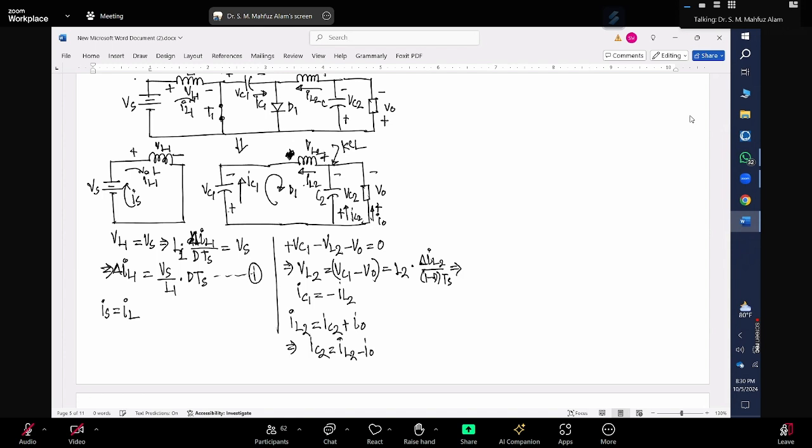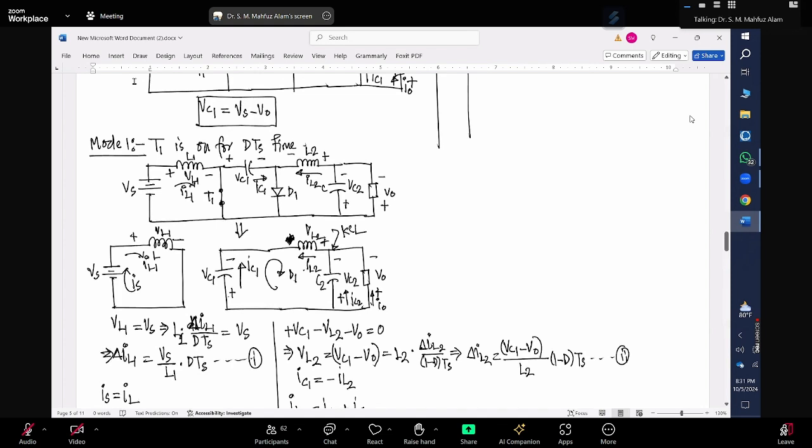So hence we can write your del IL2 should be equal to VC1 minus V0 over L2, and then 1 minus D multiplied by TS. So that should be your equation number 2.